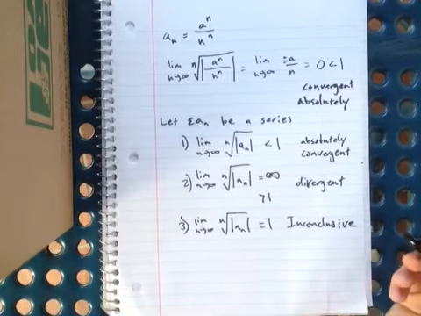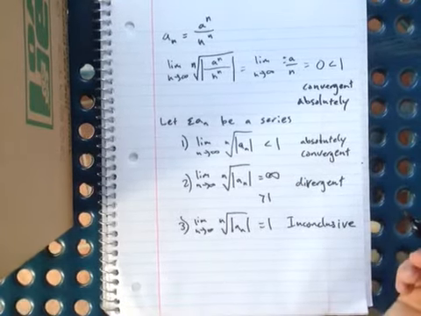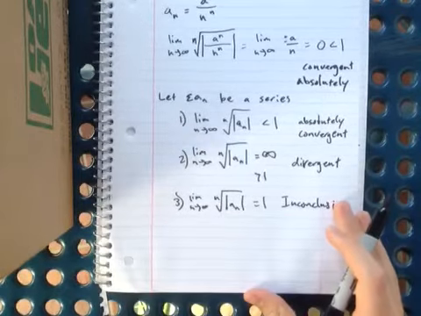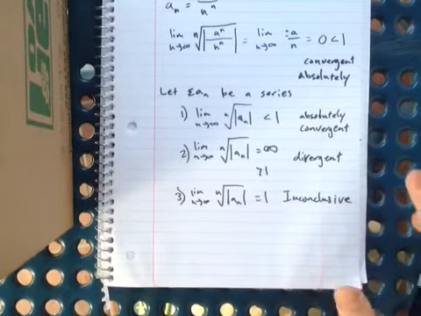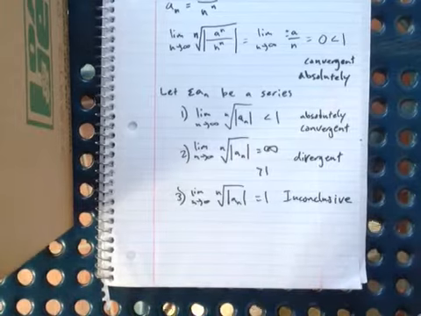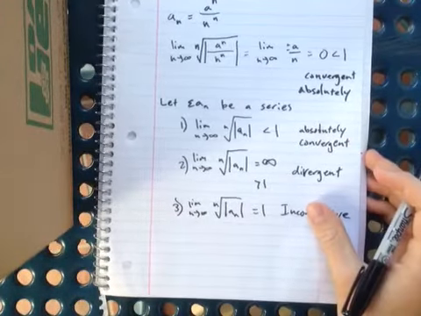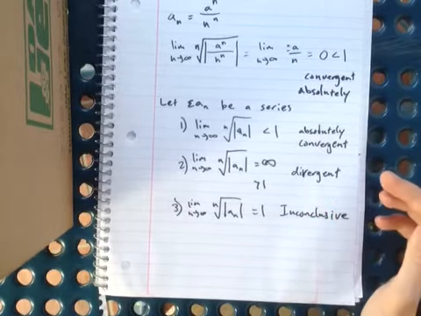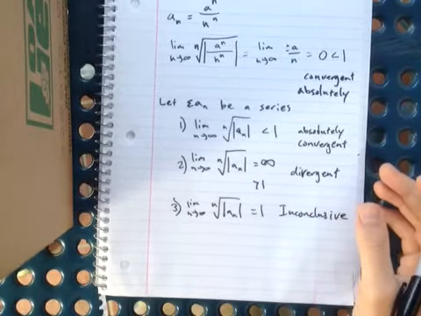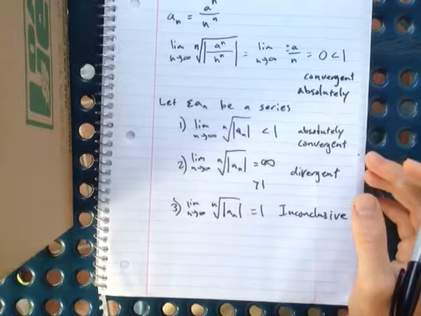So, as you can see, it is very similar to the ratio test, but it is used at different times, namely when you have here something to the nth power over something else to the nth power, rather than n factorial or a constant to the nth power.